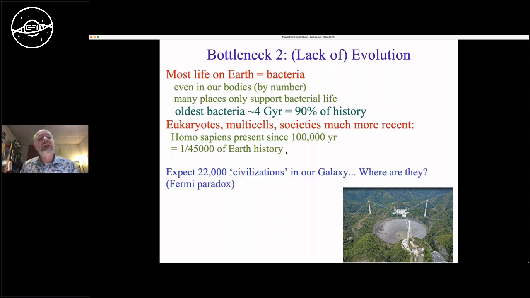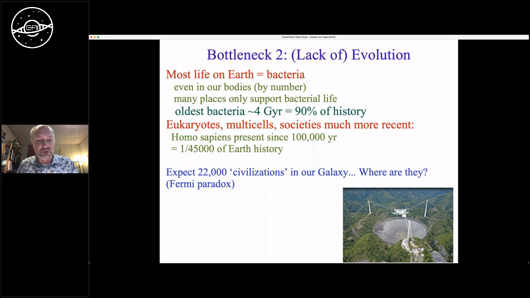But even so, if you divide the number of habitable planets by this number, you would expect 22,000 civilizations in our galaxy, and we're not seeing them, right? So this is the paradox as Fermi posed it. You can further reduce this, of course, by the time span where humans have actually used radios, and then the number becomes really small.